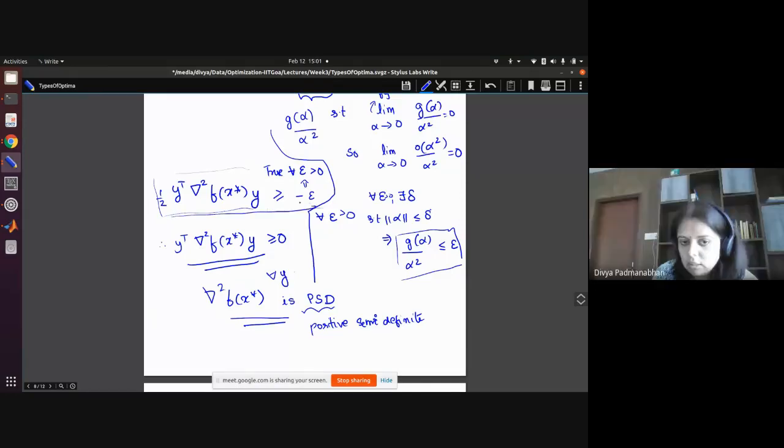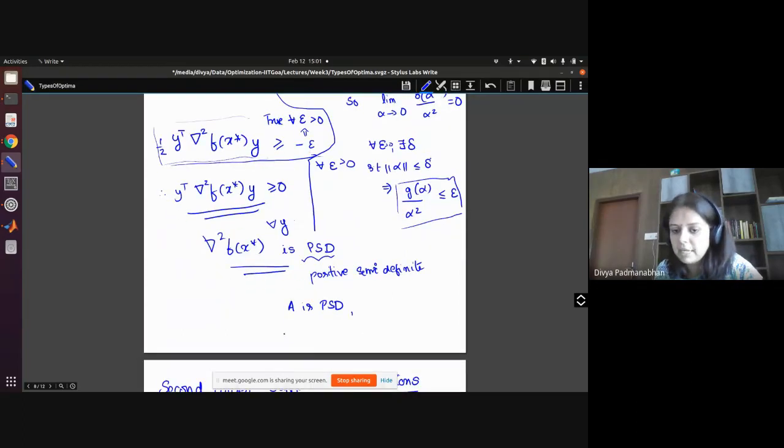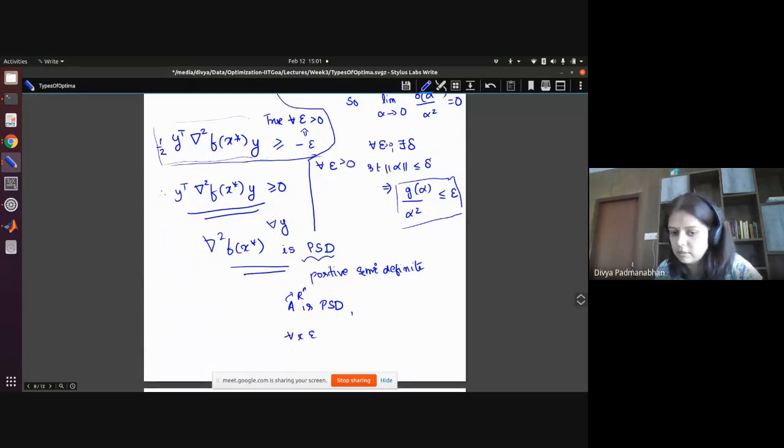Yes, ma'am, this is clear. Let me just recall positive semi-definite matrices. If you want to say matrix A in R n cross n is positive semi-definite, one condition is that for every x in Rn, x transpose Ax is greater than or equal to 0.